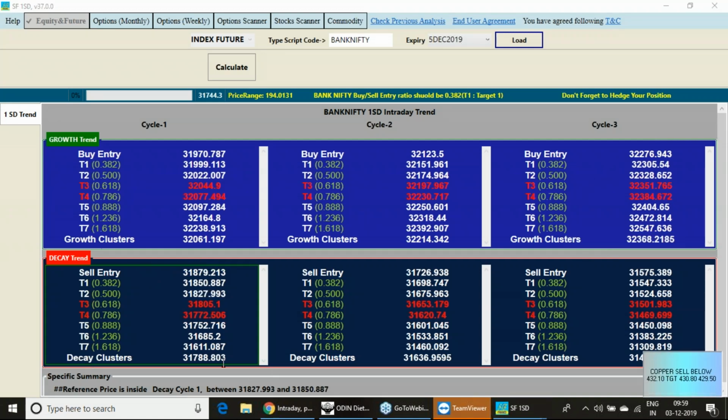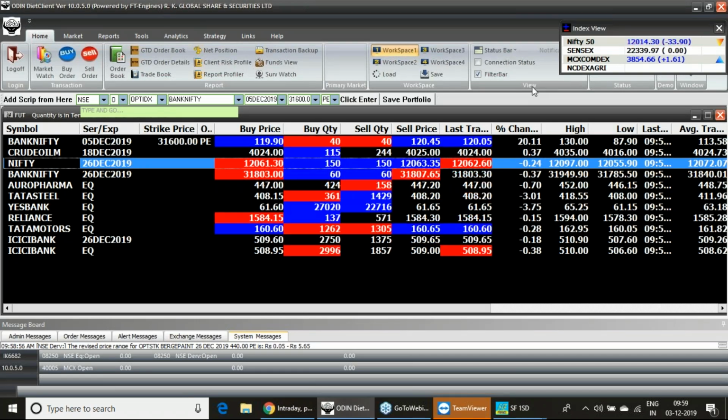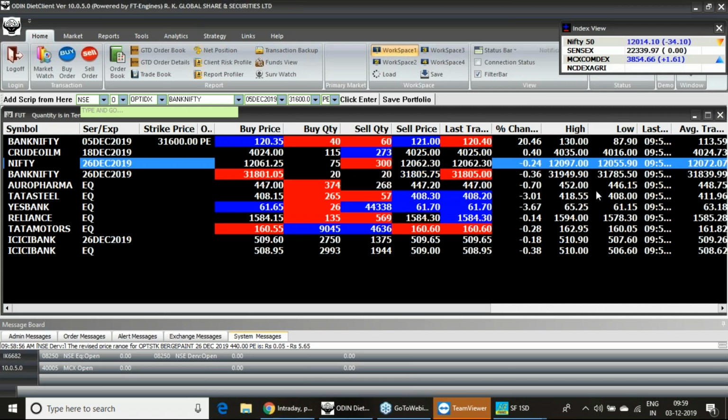Post your entry, if it is finding support at 31,827, not falling below that, or if it is not crossing above 32,022, and the moment it starts drifting below, that is an early indication that you must quit the trade. Volatility is going to shrink.